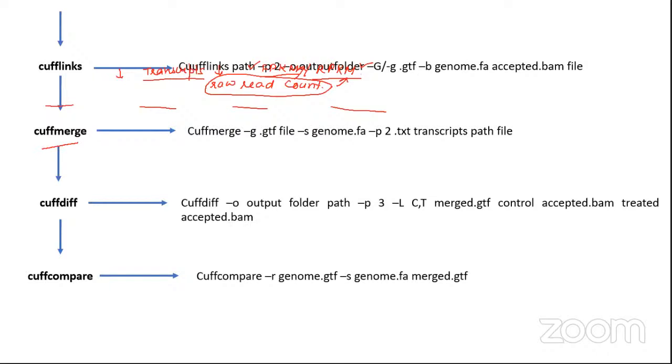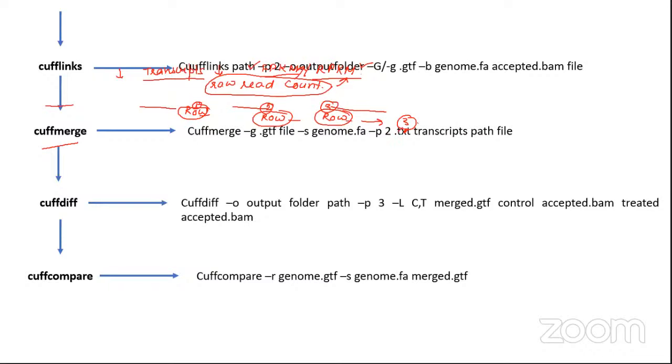So now we have the raw read count from one sample. We have raw read count from sample 2. Now we have raw read count from sample 3. Now in the next step, what we are doing, first we are merging all these 3 files together. And then from this merged file, we are doing the differential.